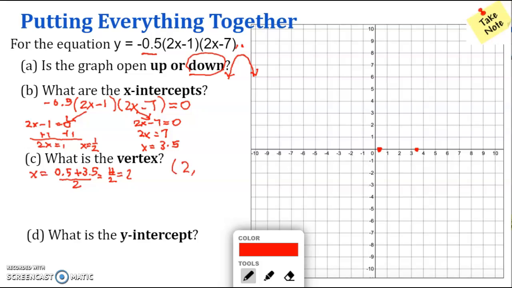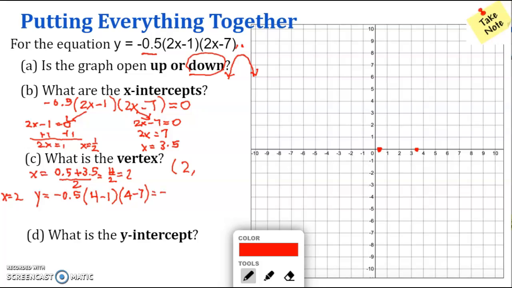What about the y-coordinate? We're going to substitute x equal to 2, the value that we just found, into my original equation. So y is going to be negative 0.5 multiplied by (2 times 2 minus 1) times (2 times 2 minus 7). So that's going to be 4 minus 1, and 2 times 2 is 4, minus 7.